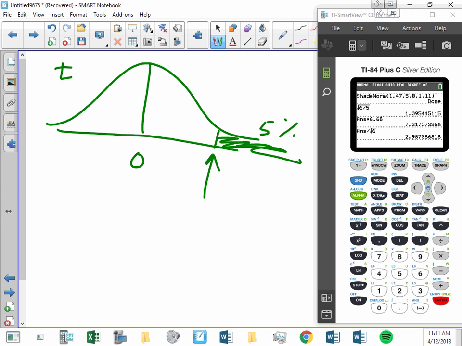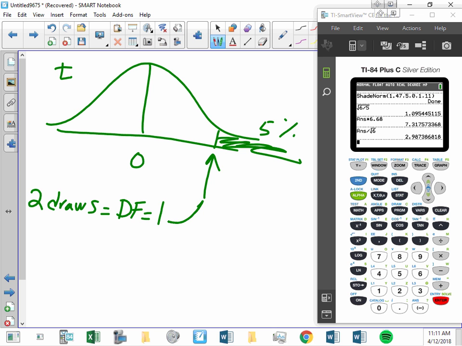It'd be 4. I've never figured out why they don't just use the regular number, like 6 draws. Well, I don't know why they do 6 minus 1, but whatever. Not a big deal. So if I have 2 draws, then my degrees of freedom would be 1.